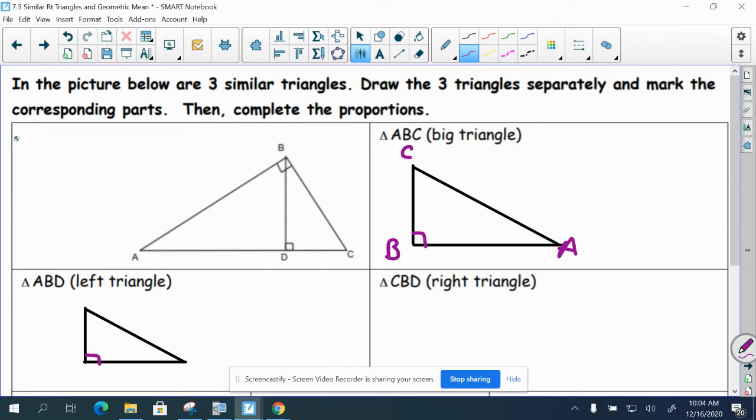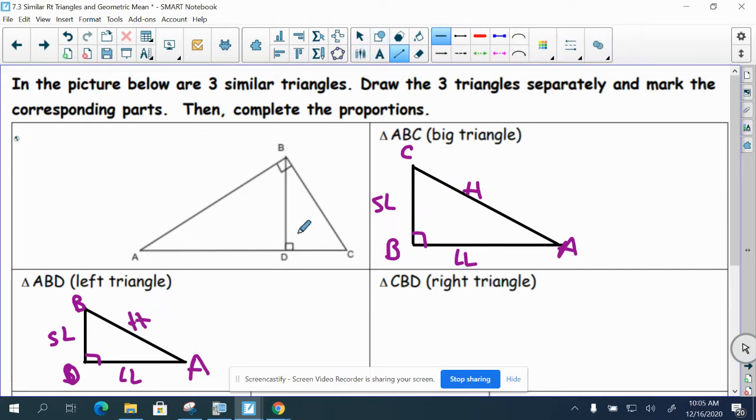That'd be point D. And what's the point going up from the short leg? That would be point B. So this is point B, and then the long leg is DA. I'm also going to label this as long leg, short leg, hypotenuse. So you see where we're going with this? We're redrawing the triangles so that they're oriented the same way.